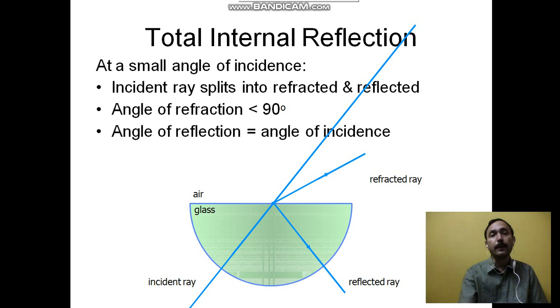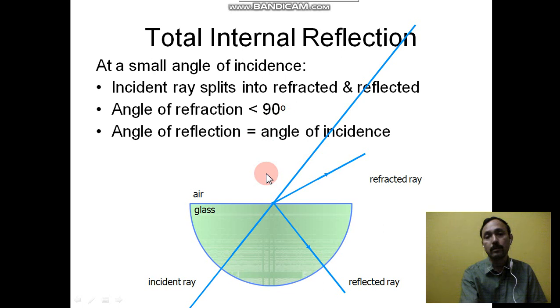At a small angle of incidence, the incident ray splits into a refracted and a reflected ray. This one is refracted, this one is reflected. If you draw a normal in this direction, this is a small angle of incidence. So the angle of refraction is less than 90 degrees.